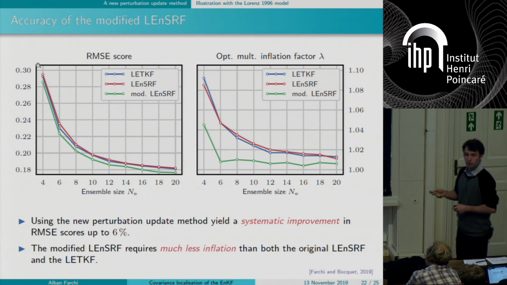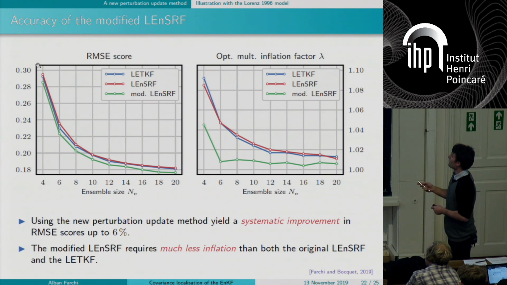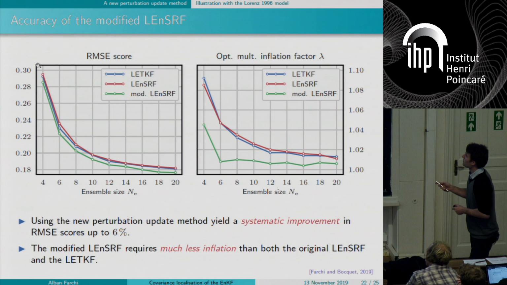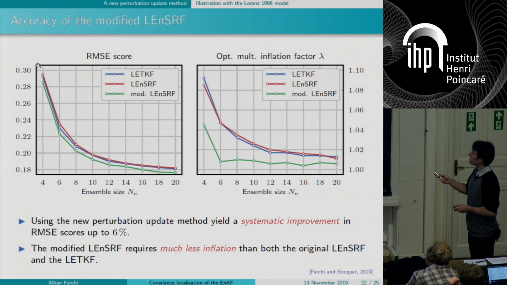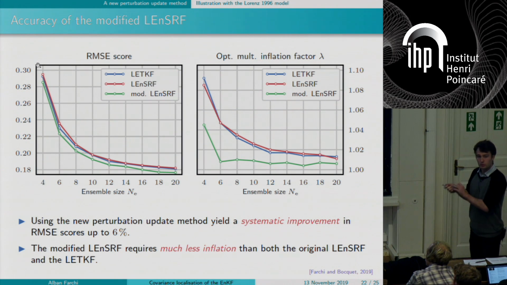So we compare three different algorithms. First, the LETKF. Second, in red, the local ensemble square root filter, the one that uses the exact left transform update. And third, we use the modified local ensemble square root filter, the one which uses the new perturbation update we just defined.